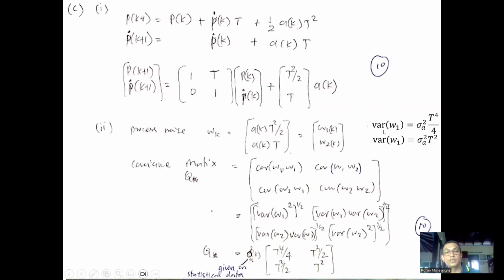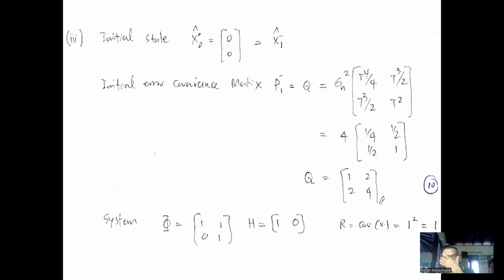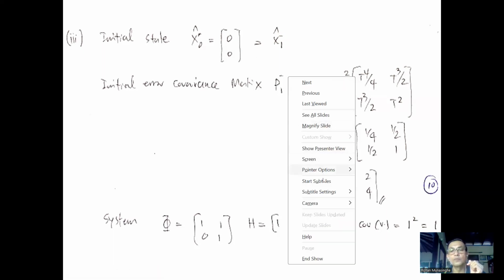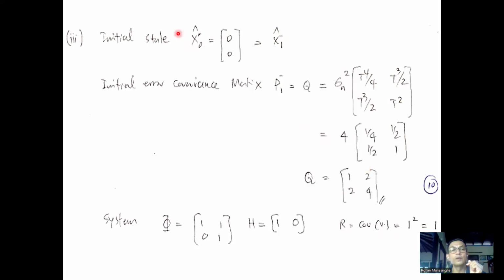So this is how we solve this problem. We bring in a Kalman filter here. This is how the filter works. First, you have the initial state, 0, 0. We will assume it to be 0, 0, which means position 0, velocity 0. I take this as x hat 0 at time 0.